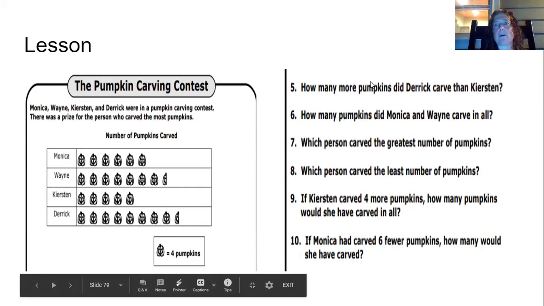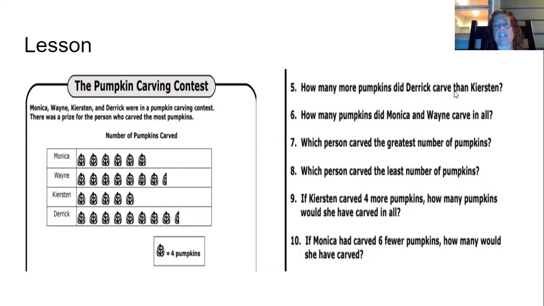All right, how many more pumpkins did Derek carve than Kirsten? Okay, so here's Derek, here's Kirsten. Now, let me get my pen. All right, so Derek and Kirsten are the same until you get to here. They have the same number, right? But now Derek has 1, 2, 3, and 1/2 more pumpkins.